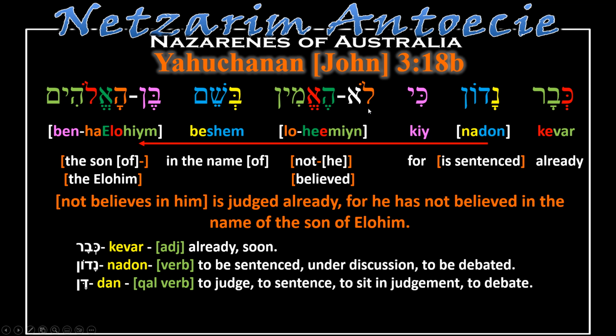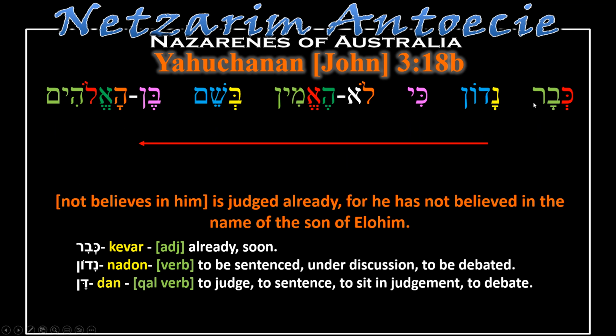Ki lo, not he'emin, not he believed, because we know he'emin means to believe. So not he believed. Be'shem, in the name, and I've added of, ben meaning the son, ha Elohim, of Elohim, the son of Elohim. Not believes in him is judged already, for he has not believed in the name of the Son of Elohim.